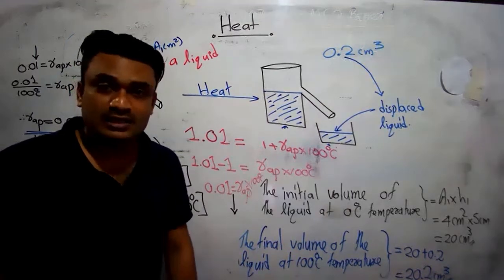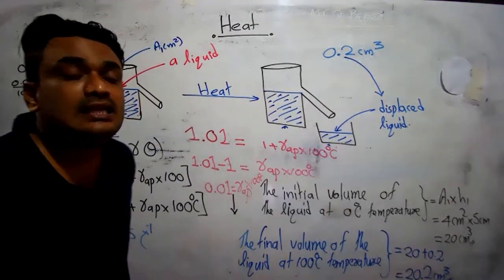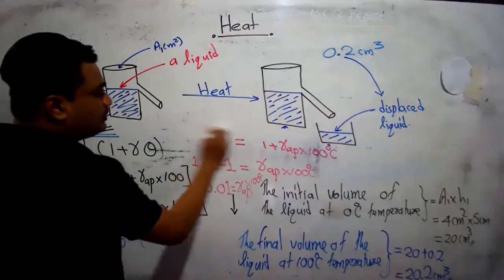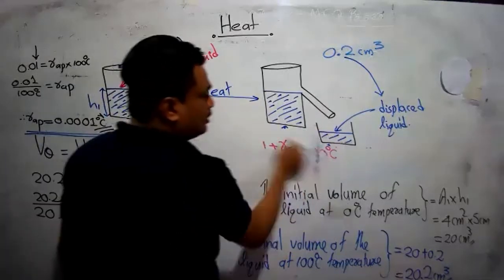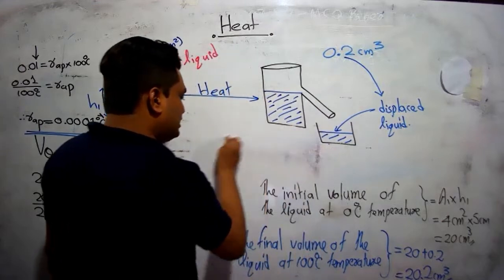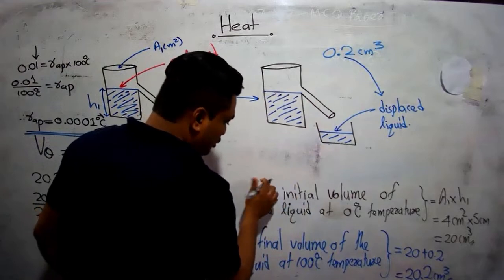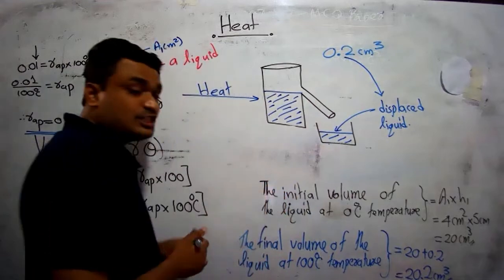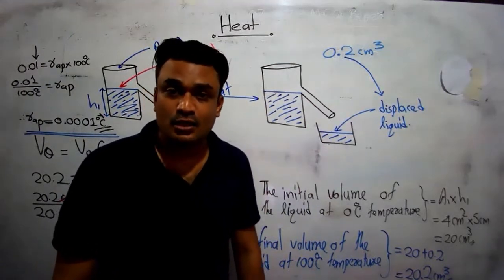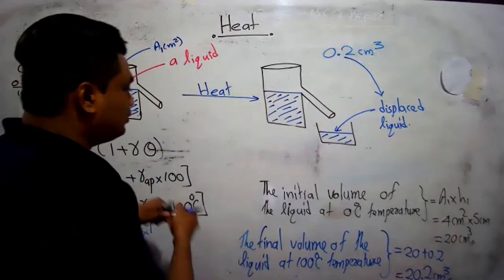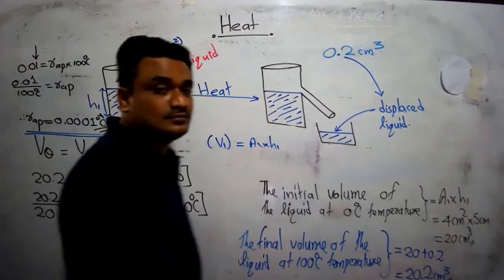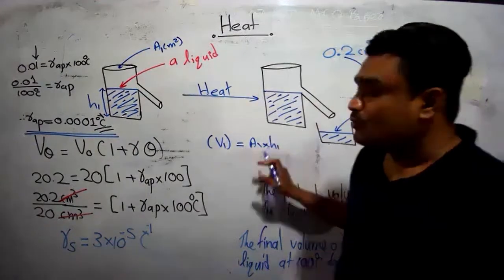Statement Roman number 2, first statement: the initial volume of the section of the vessel which contains the liquid, within brackets V1 equals A1 into H1.